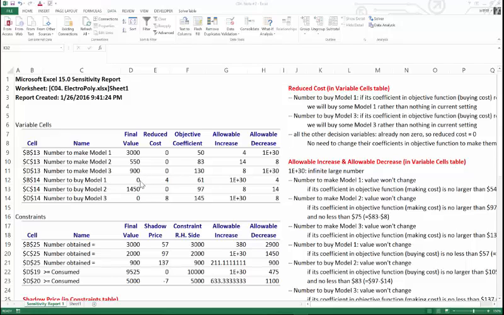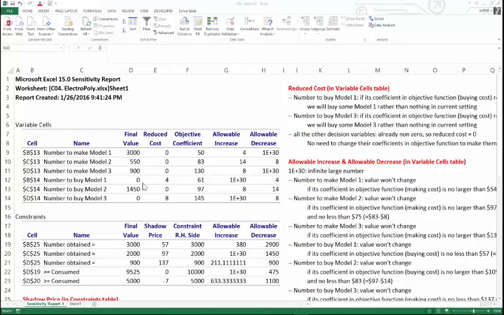So 0 is our boundary. Remember, our boundary constraint is that all decision variables need to be non-negative. So 0 is the boundary. Currently, number to buy for model 1 is 0, meaning buy nothing.